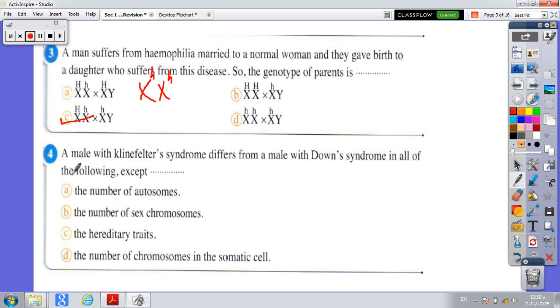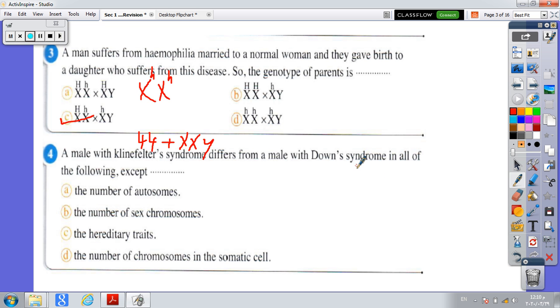Okay. Number 4, a male with Klinefelter syndrome differs from a male with Down syndrome. We remember that Klinefelter syndrome is 44 chromosomes plus X, X, Y chromosomes. Okay.